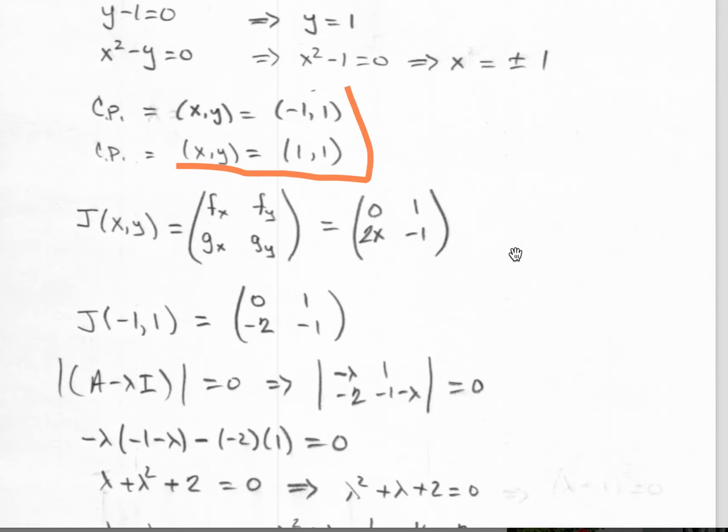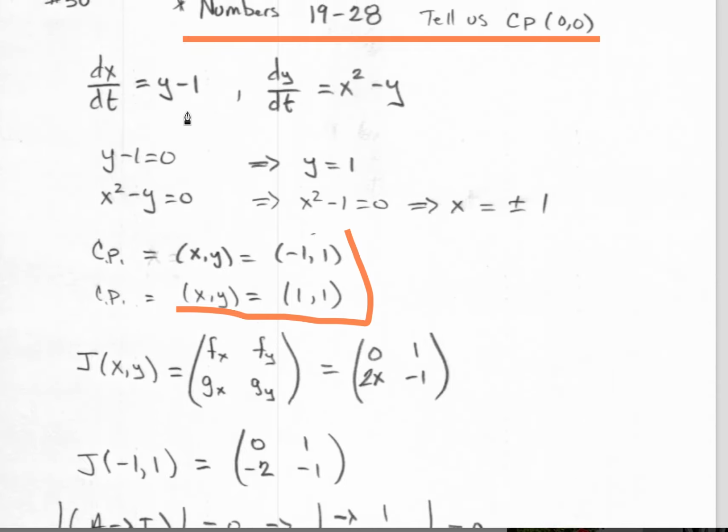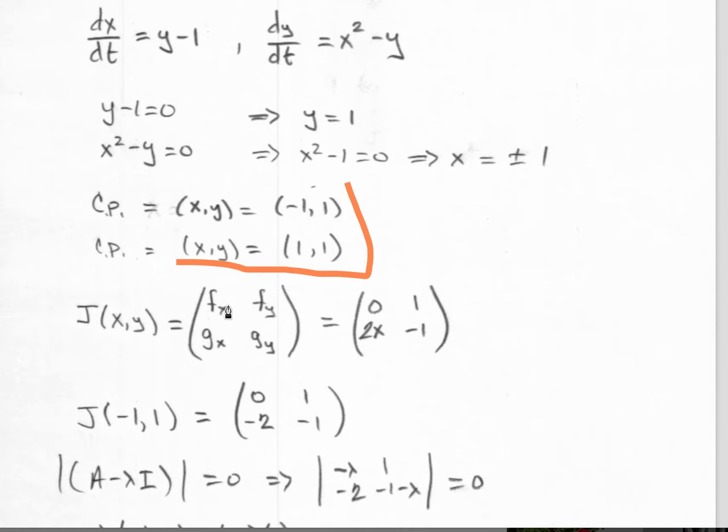Okay, so then what I do is take the Jacobian of this system, where this is equation 1 and this is equation 2. So I do equation 1 partial derivative with respect to x, equation 1 partial derivative with respect to y, equation 2 partial derivative with respect to x, and equation 2 partial derivative with respect to y.